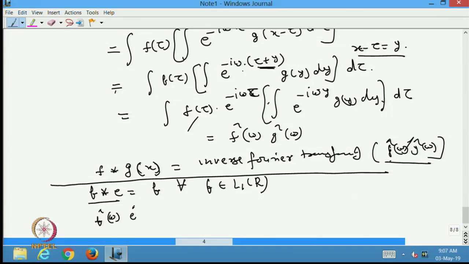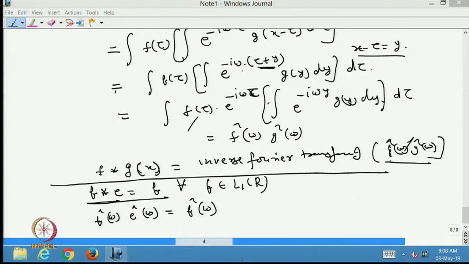I am taking the Fourier transform of both sides. Using the convolution theorem, this implies E hat of omega is 1.